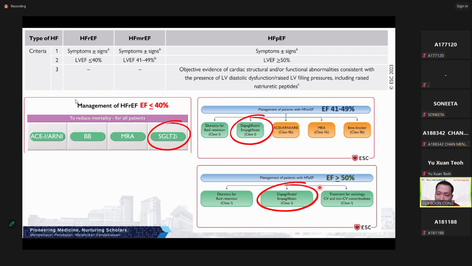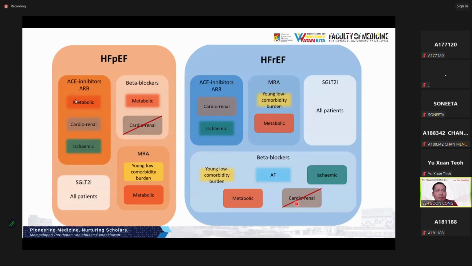For more than 50%, the second line is your ARNI and your ARB, and also your MRA. Beta blocker is not included in the more than 50%. Why? Because the evidence is more on the ARB for HFpEF. Beta blocker, no evidence. So MRA and SGLT2, these are the ones that you can use for HFpEF. For HFrEF, you have 4 pillars.